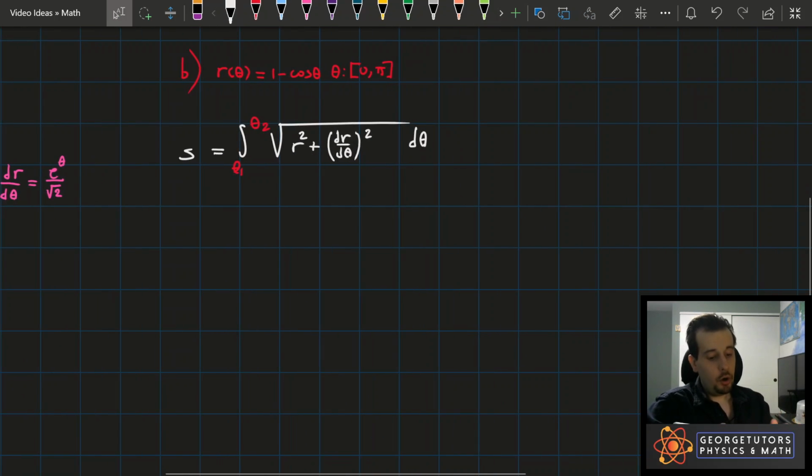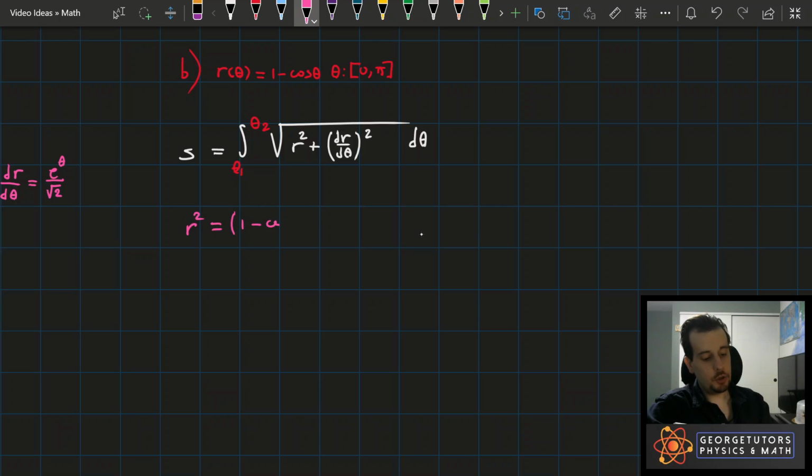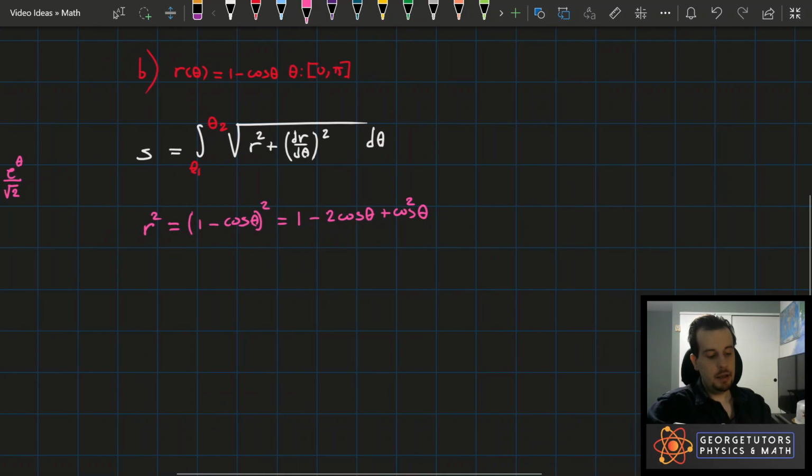So let's just do it piece by piece. r squared is going to be 1 minus 2 cos theta, forgot the theta here, pardon me for that, and then the last term is going to be plus cos squared theta. The derivative is squared. Let's see how that one will look.